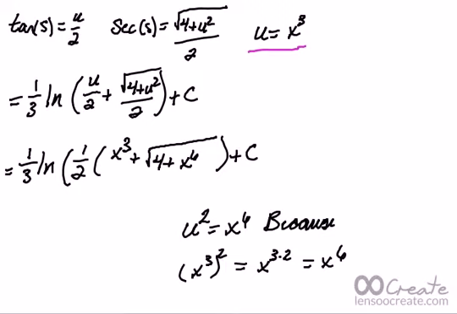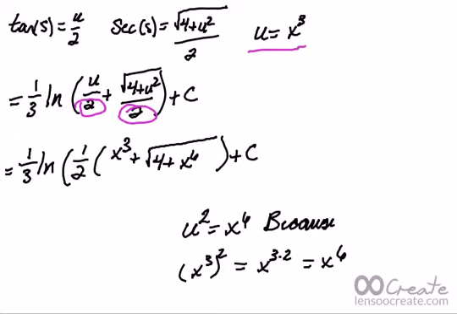So once I plug in the substitutions for these tangent functions, I actually need to go back and plug in u equal to x cubed. And that'll finally finish this problem for us. And once I do that, I have 1/3 natural log of 1/2. That would be our denominator that I was talking about, times x cubed, or u, plus the square root of 4, plus x to the 6th, plus the constant.